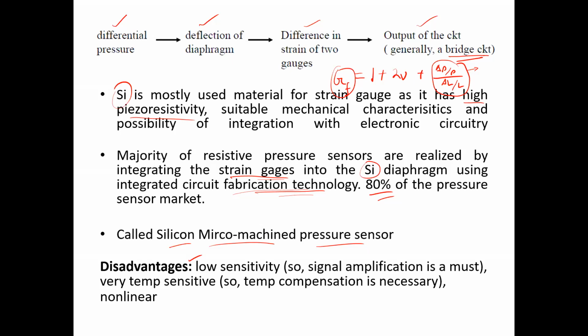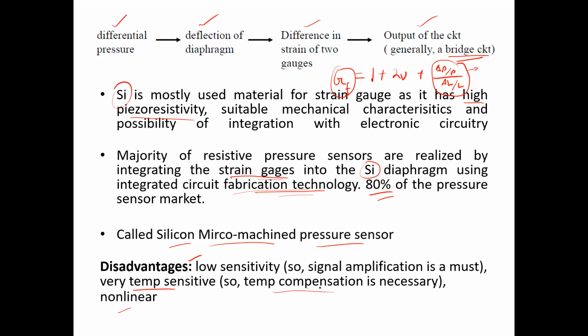So the output signal has to be amplified further to detect significant changes. And as resistive elements are used, they are dependent on temperature. So some sort of temperature compensation is necessary, and they also possess non-linear characteristics. So these are some disadvantages of this sort of pressure sensor.